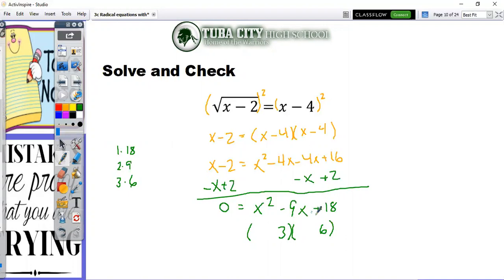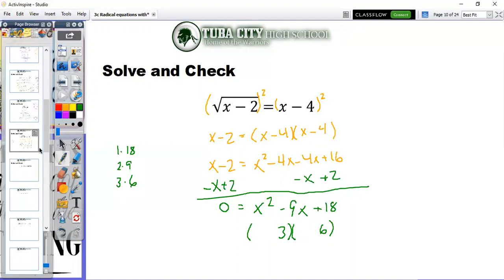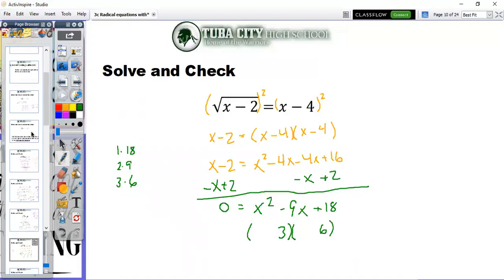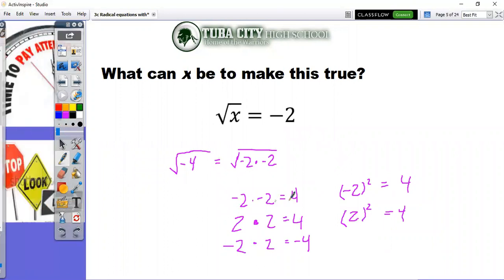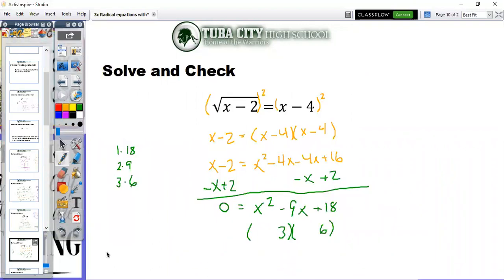Now, the reason I start with the last one is because this sign here, in this case it's positive, tells me that these two signs are the same. Because if you remember from the example in this lesson, if you multiply a negative times a negative, you get a positive, but you can also multiply positive times positive to get a positive.